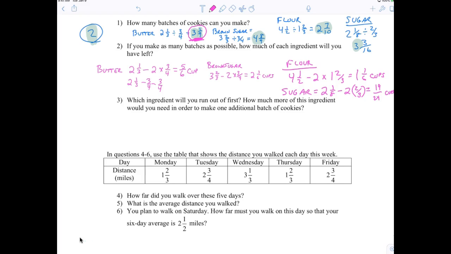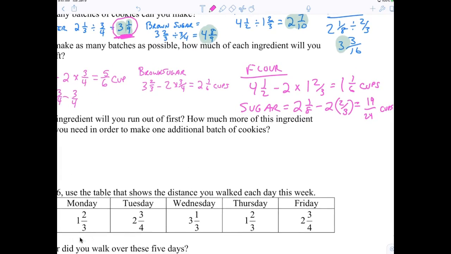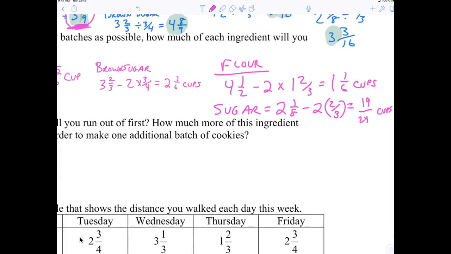I asked you to do the flour, right? Did you tell me the answer to the flour? I'm trying to understand your question. On flour you multiply by 1/3. I don't understand why you have to multiply at all.